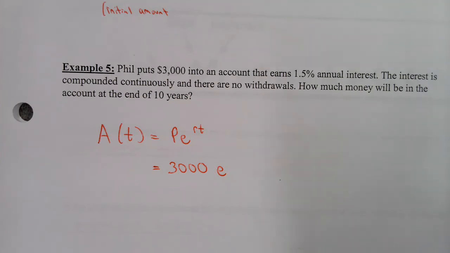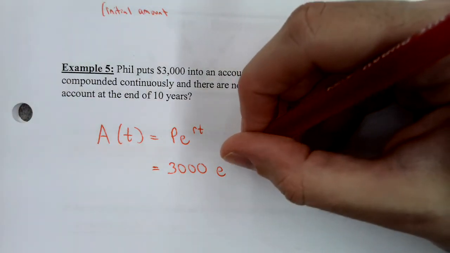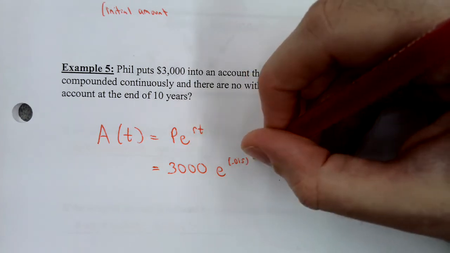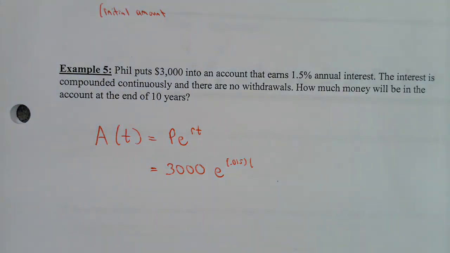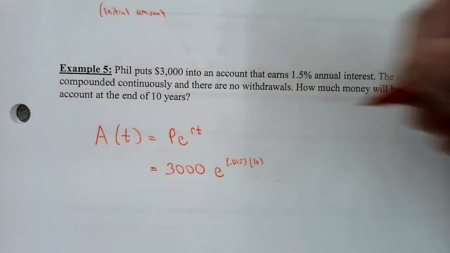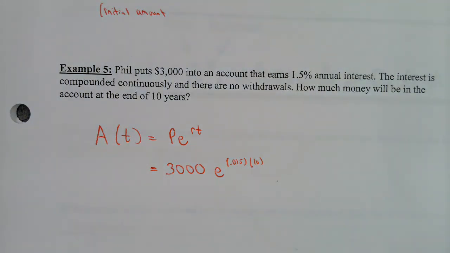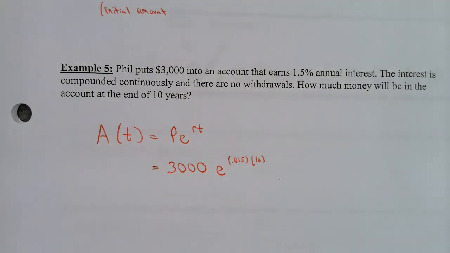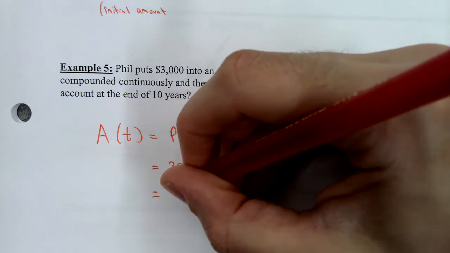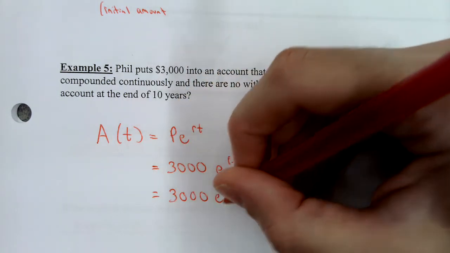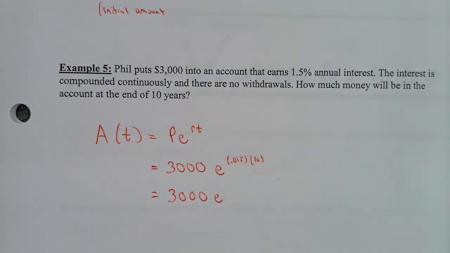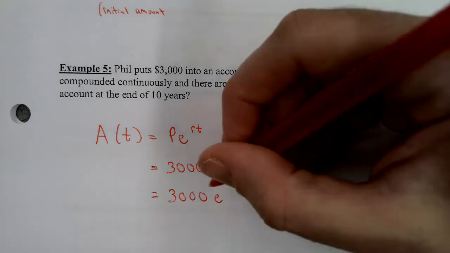So you have to do 1.5% divided by 100, and you're going to get 0.015 times T. T is the time in years, so times 10. So next step, let's clean up the exponent. Let's do 0.015 times 10, and the exponent is going to be 0.15.